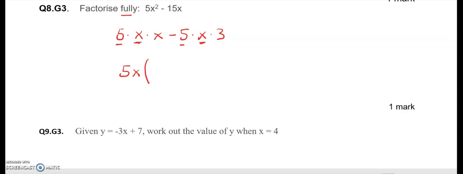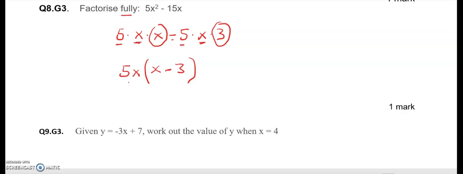Now what is left? There is an x. So I'll put that x here. We've got a minus and we've got a 3. So 5x times x minus 3. Let's check that we've got it right.